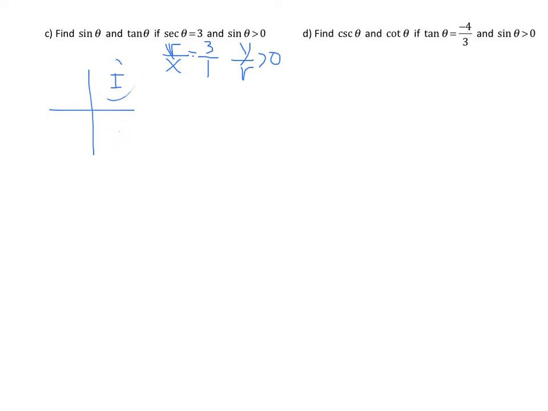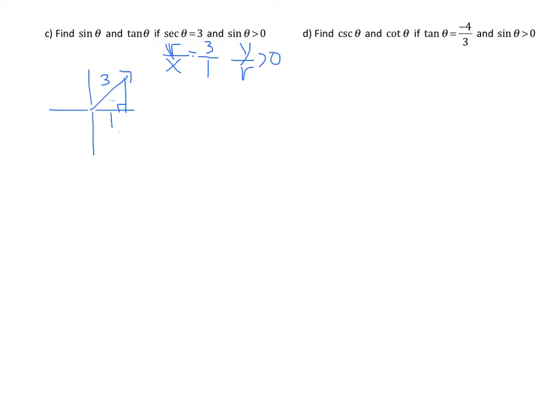So we're going to draw an angle in quadrant 1. And we draw a triangle. And r over x is 3 over 1, because secant theta is 3 over 1, so the radius would have to be 3, and then the x-coordinate is 1.